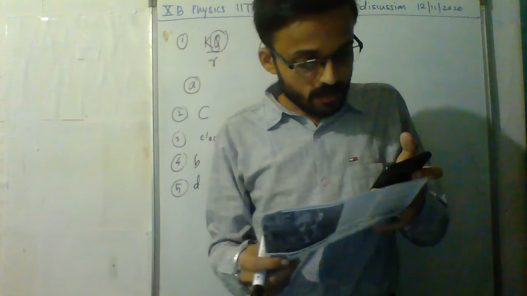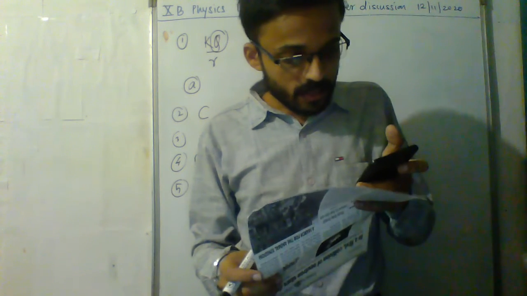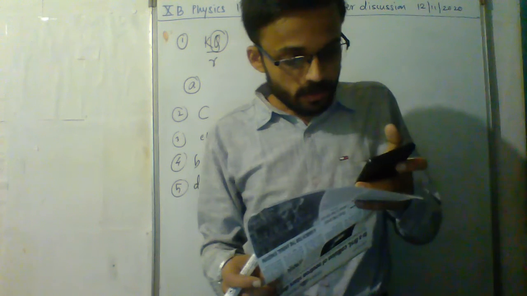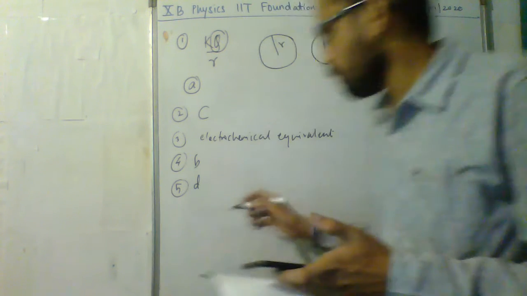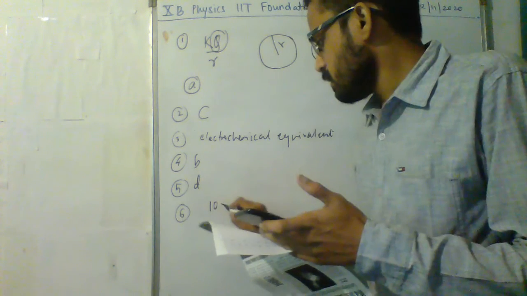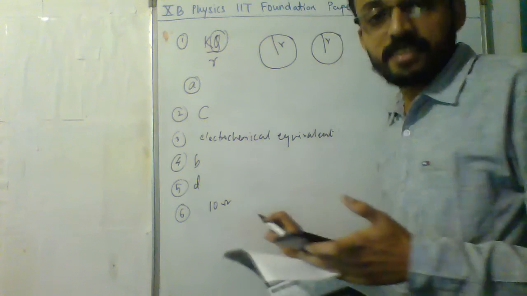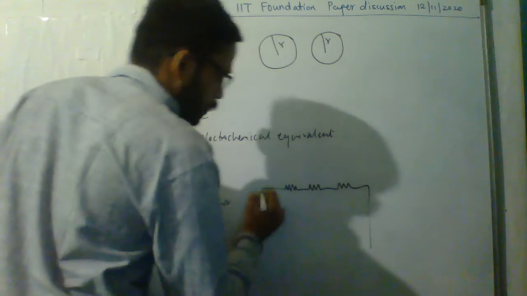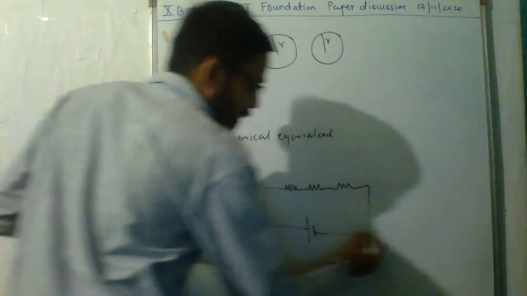Next we go for 6. 3 resistors, each of 10 ohm, are connected in series to a battery of potential difference 150 volt. Find the current through the circuit. No problem. 3 resistors of 10 ohm are connected in series, and in series current is constant.